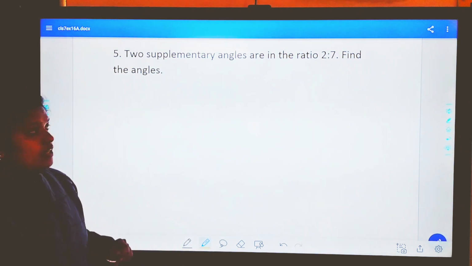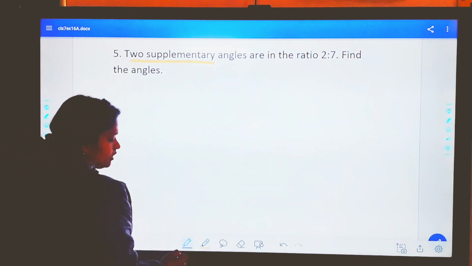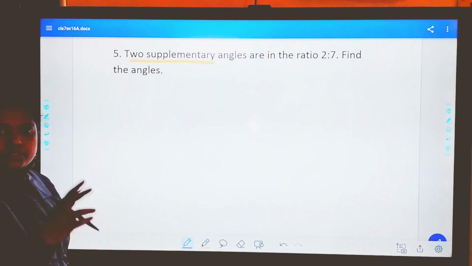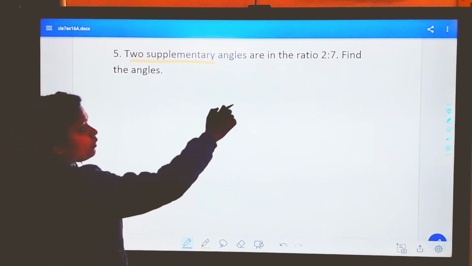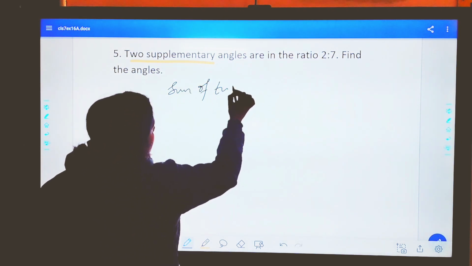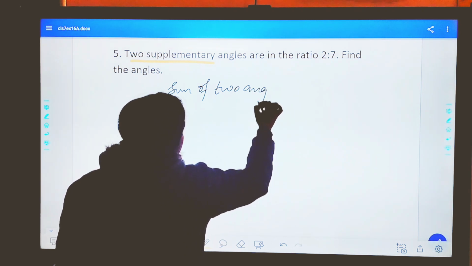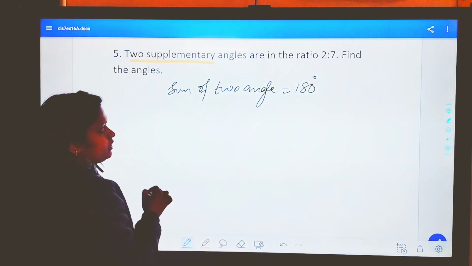Find the angles. Supplementary angle means, as we already know, the sum of the measures of both angles is 180 degrees. So the sum of two angles is equal to 180 degrees because they are supplementary angles.